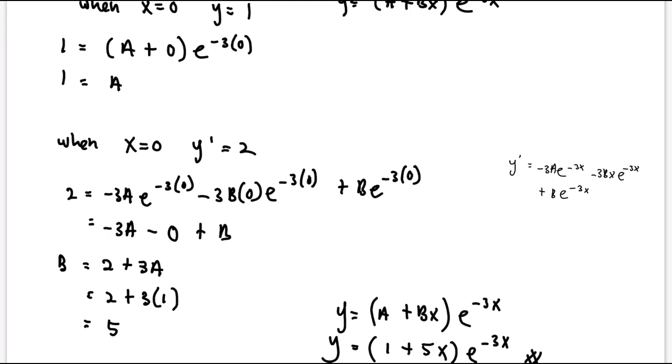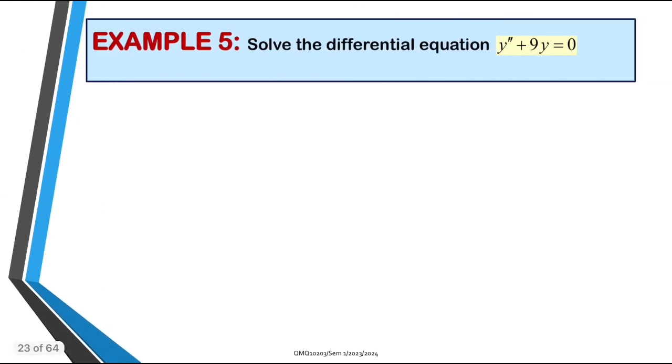Example number 5. Solve the differential equation y double prime plus 9y equals 0. So change this equation into auxiliary equation. So we have m square plus 9 equals 0.